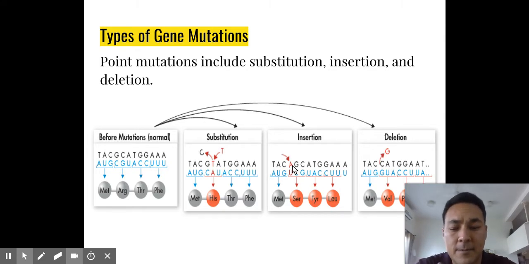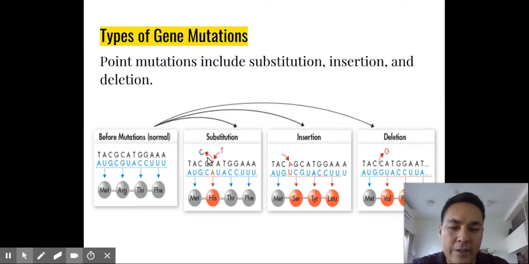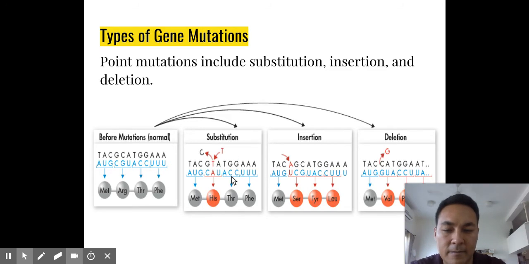The way I taught this in class was the sentence, "The fat cat ate the rat." If we take the fat cat and change the C to a B, the fat bat ate the rat, that would be a substitution mutation. It changes the meaning of the sentence, right? But we can still read the sentence.